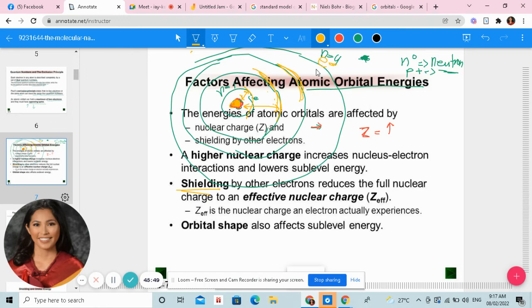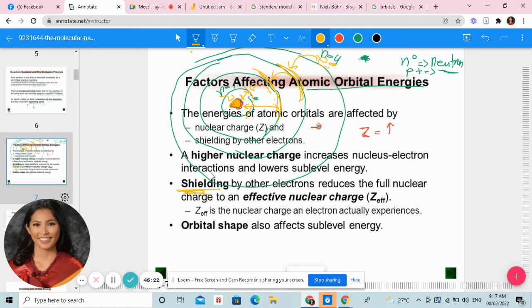Remember, enough energy must be emitted so that the electrons from a higher level will go down. So enough energy is needed, and here it is very high. Whereas n is equal to 1, which is very near the nucleus, is not affected by shielding.